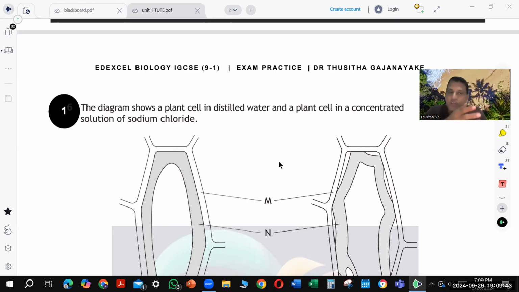I will try to focus on the most important lessons in unit 1, because if you are going to sit your exam, some areas are very important since questions are frequently asked from those areas. So how do you know which questions are frequently asked?